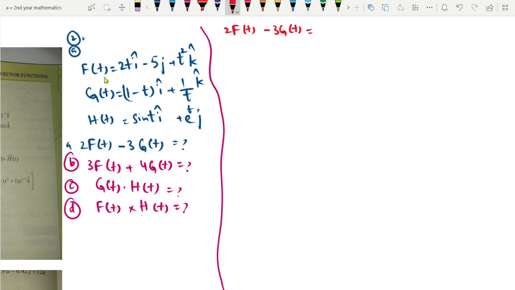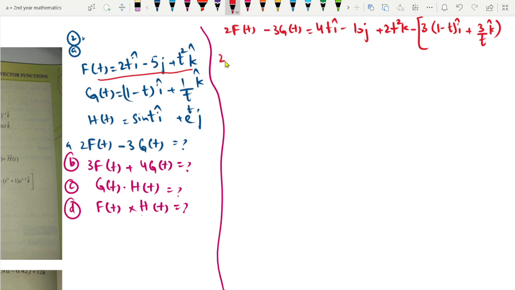First of all, multiply this with 2. So this will become 4ti minus 10j plus 2t square k, and minus 3 of g of t will become minus 3 into i minus ti, plus 3 divided by t k.